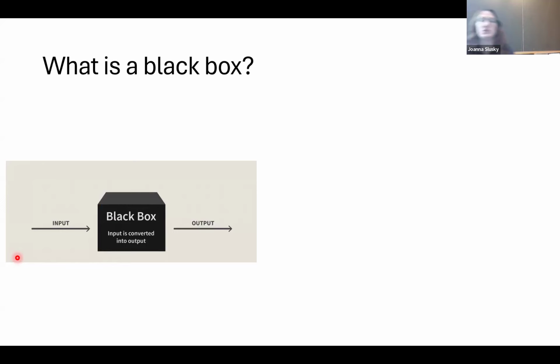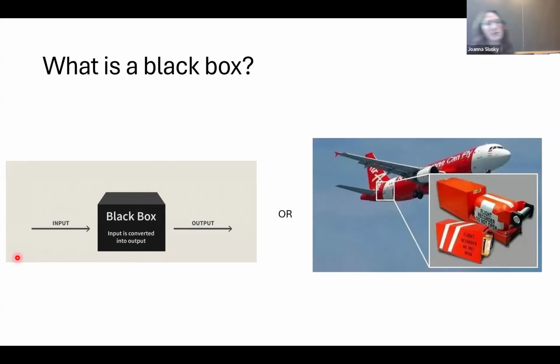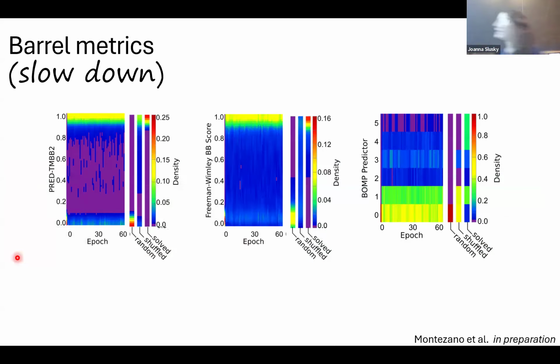We have this image of a black box where you put in an input and you get out output, and better is better, and if it's better, then we're just going to keep going for better. But there's another type of black box, which is the black box of an airplane. And we specifically look at the black box of an airplane to tell us what's actually going on. And so I do want to encourage us to be trying to figure out what's actually going on.